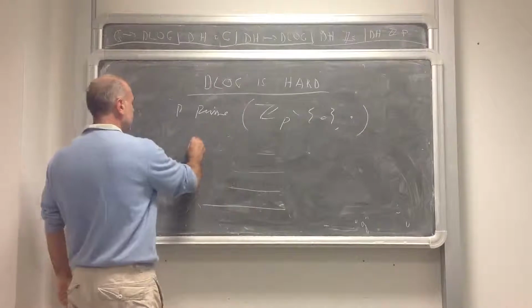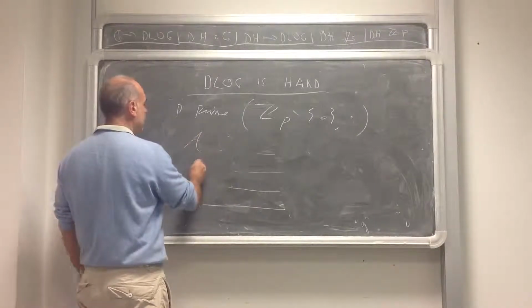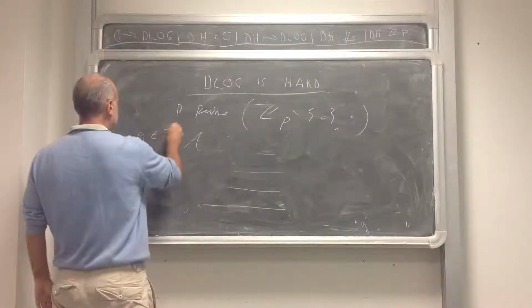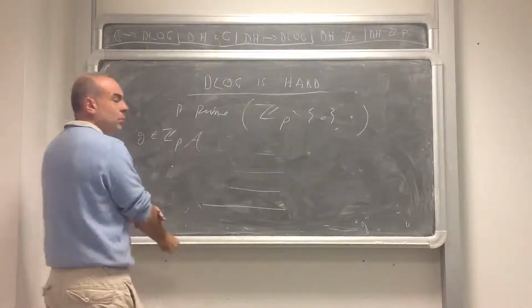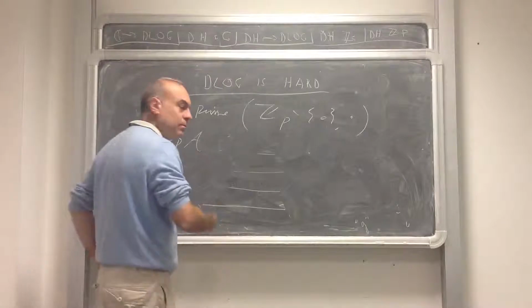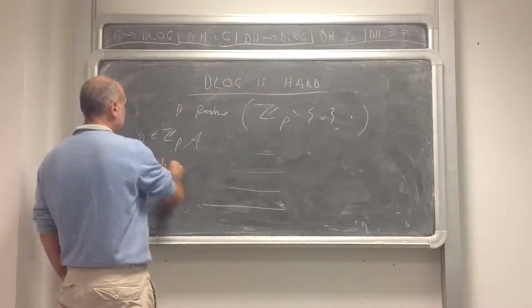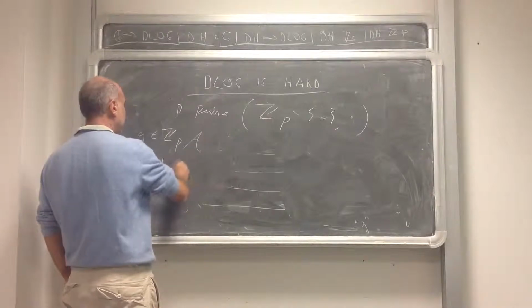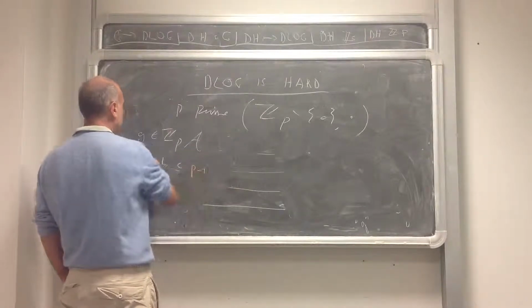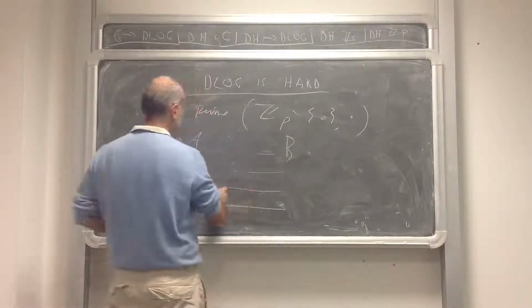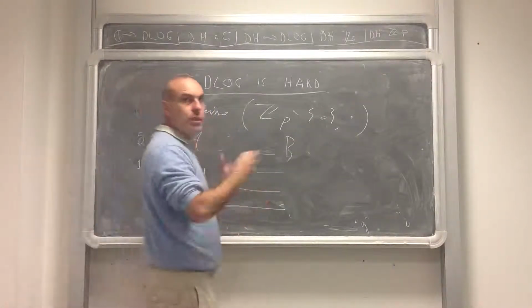So in practice, Alice takes a number, so G is an element in Z_P, a number between 0 and P minus 1, A the same, A and B the same, between 1 and P minus 1, and it's the same, G to the A, G to the B.